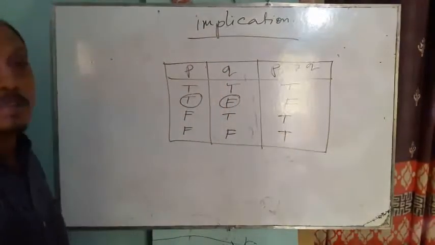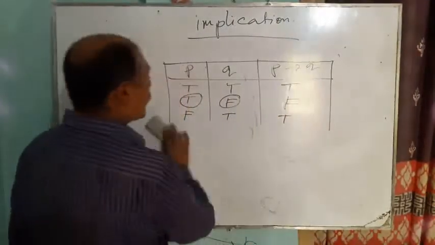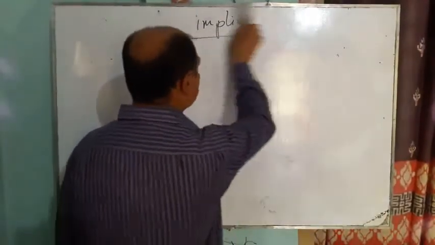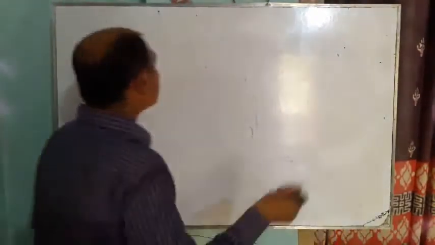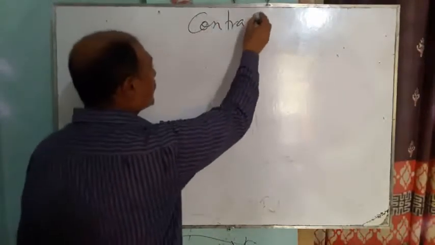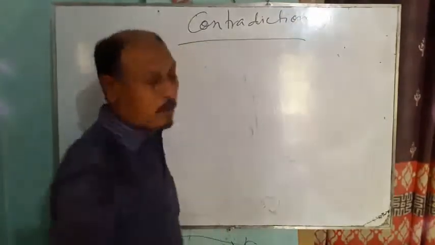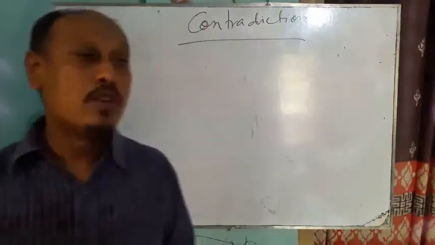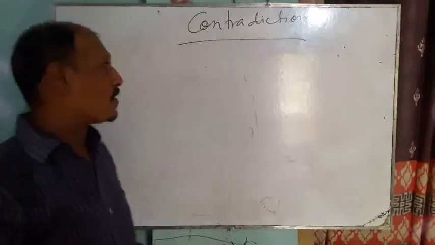Now we will know the definition of a contradiction. A compound proposition that is always false is called a contradiction.